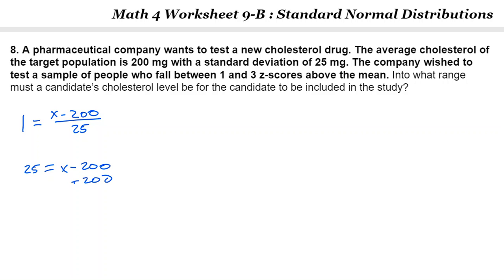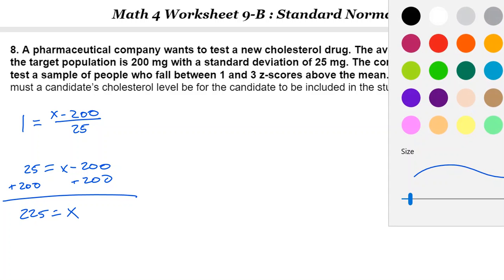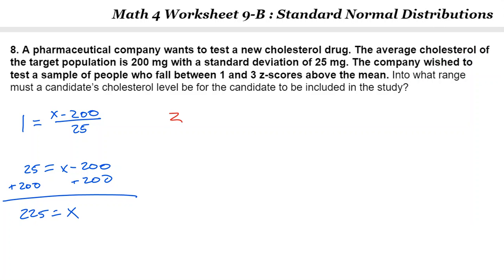Add 200 to both sides. I get that. So now I change to 3 standard deviations above. I'm still multiplying both sides by 25. And I'm adding 200 to both sides.